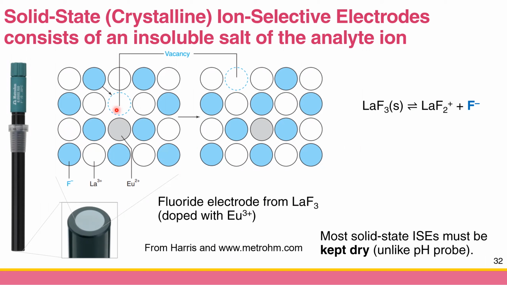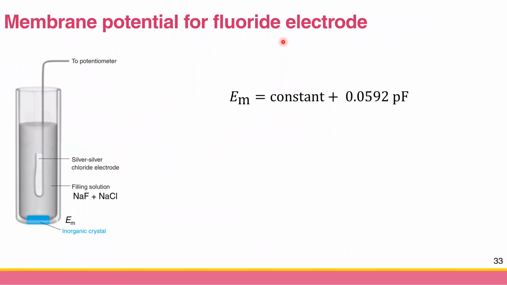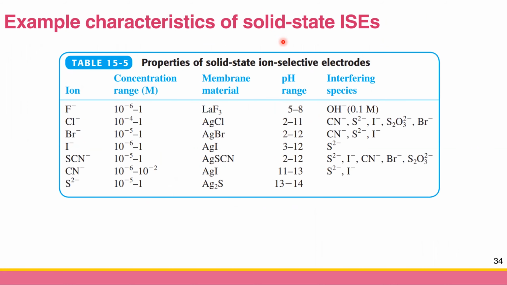So hydroxide can occupy the vacancy instead of fluoride, and that will contribute to error in the measurement. So to use potentiometric detection, you need to know the pH of the sample as well. This is an example of how to use chemistry to explain this kind of thing.